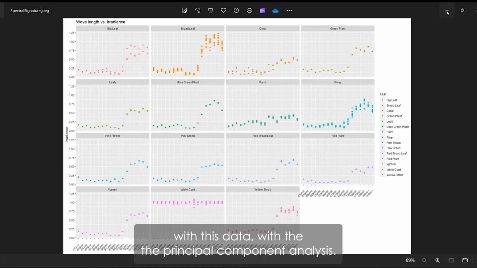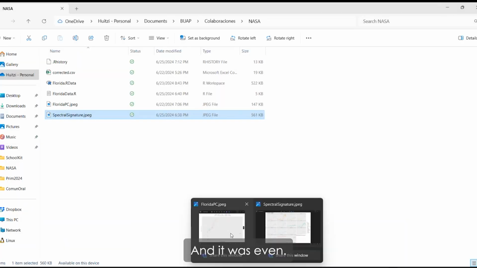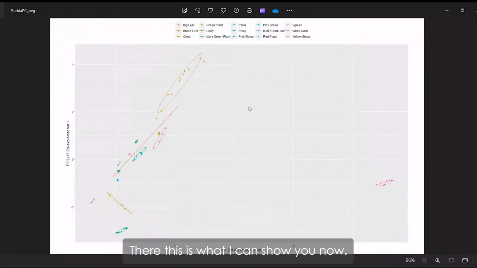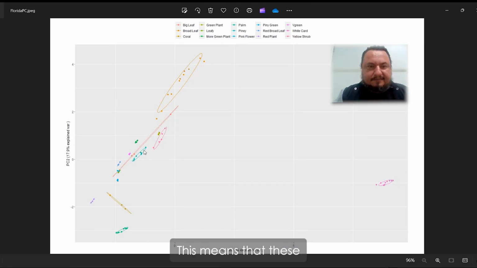With this data, we did the principal component analysis, and it was even better. This is what I can show you. Now, every ellipse is well apart from the others. This means that these signatures, this information, is very particular to each species.